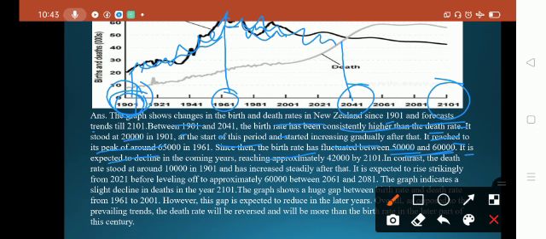It is expected to decline in the coming years, reaching approximately 42,000 by 2101. Means by this year it is going to decline. You can see this is the line that represents birth, so it tends to decline in the coming years.